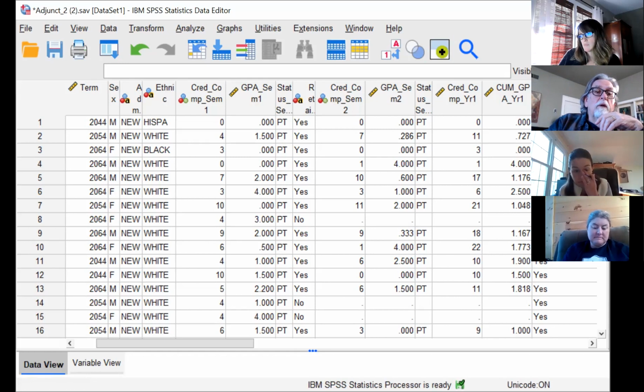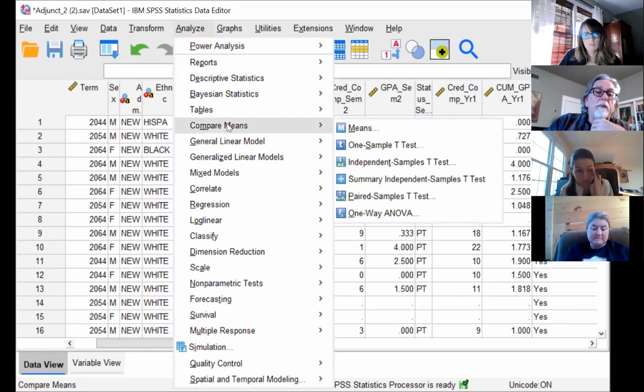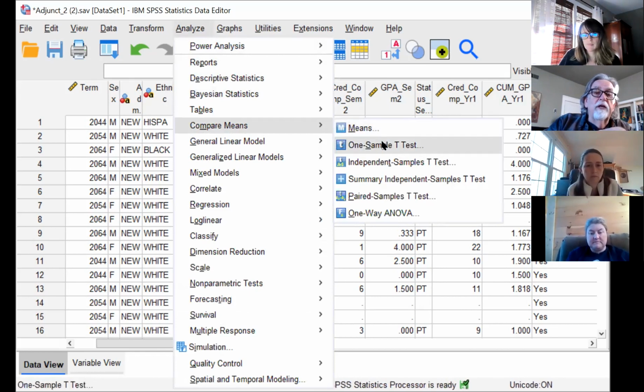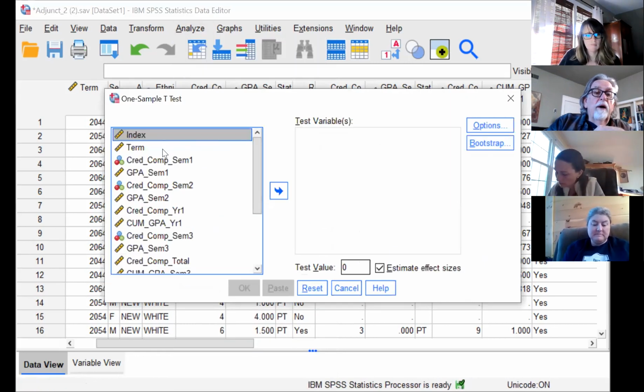And so we can go in, and once again, we're going to analyze, compare means, except this time we're looking at a one sample t-test. And we're looking at the first semester GPA for our group here.